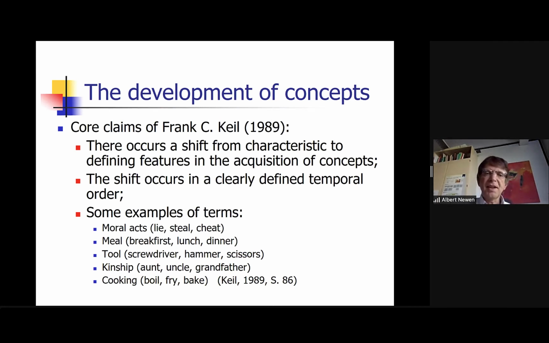It's kind of old, but nevertheless telling. In the 80s and 90s, he observed a shift from characteristic to defining features in the acquisition of concepts. He investigated a lot of terms, as you see here, from different categories.